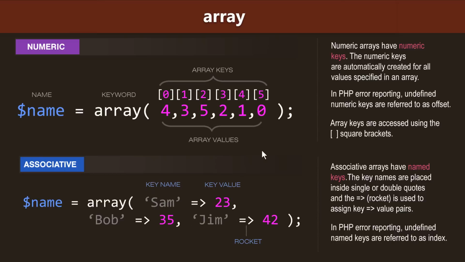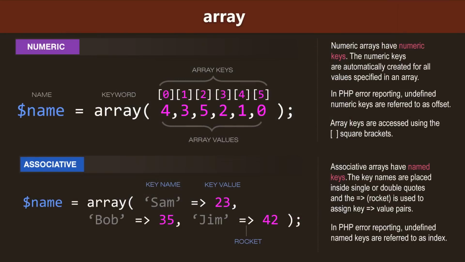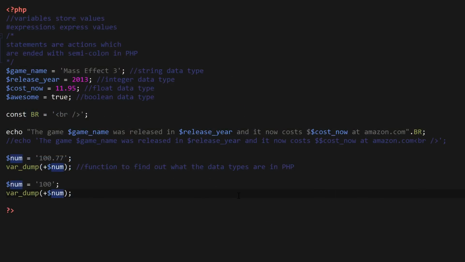So this is an example of what the associative array would look like. You would have a named key, and that key would identify a value. In this case, the StarCraft key would identify the value 1998. The Witcher key would identify the variable year, etc. Okay, so those are numeric and associative arrays.